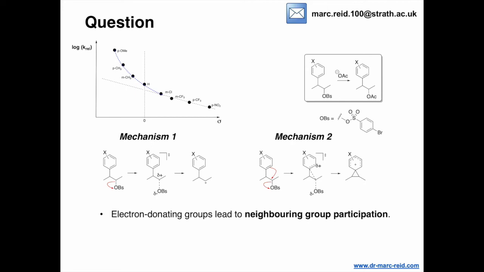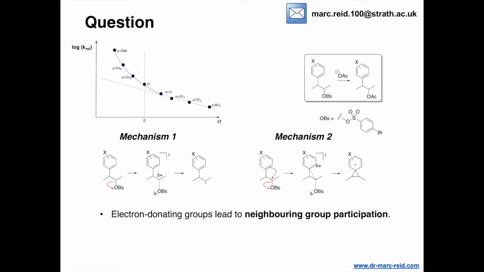In mechanism 1, the brosylate leaving group departs in an SN1 fashion, producing a secondary carbocation. The carbocation itself is not conjugated with the aryl ring, so substituent effects in this regime are modest.